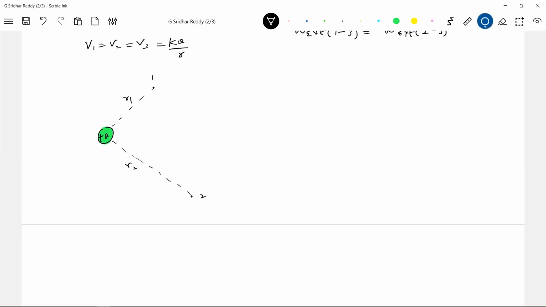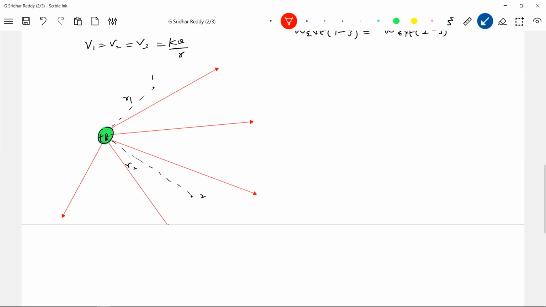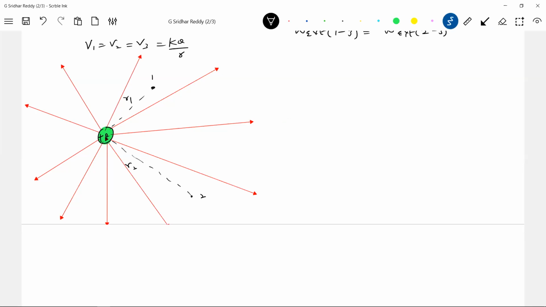Due to the point charge, there's a field, no? From here, I wanted to move it to there. So how is the path? It's left to him.